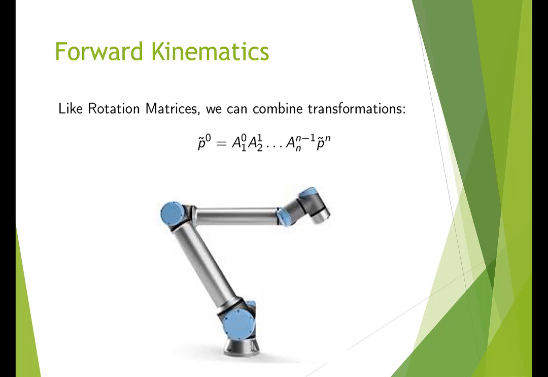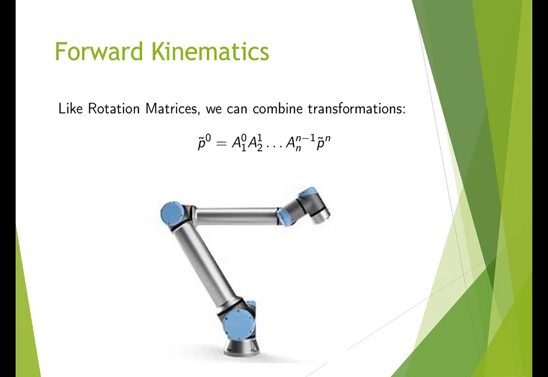Now that we have developed the concept of homogeneous transformation, in the next videos we're going to use this to model the robots, and you can guess how we're going to do that. Basically, the homogeneous transformation shows the position of one point and its orientation in a fixed frame.